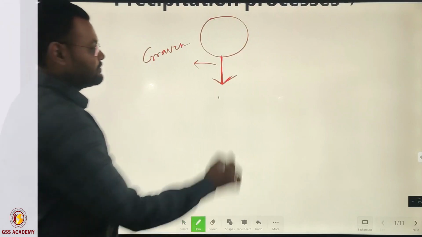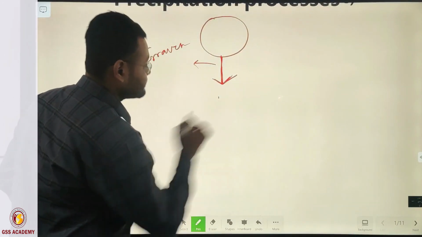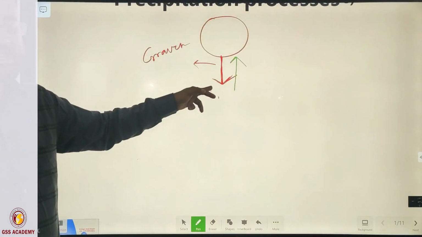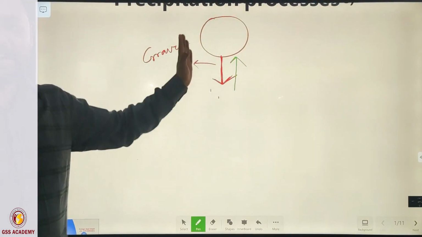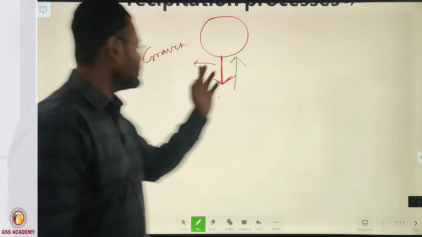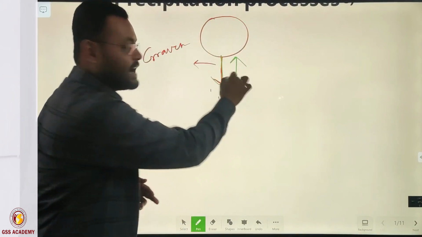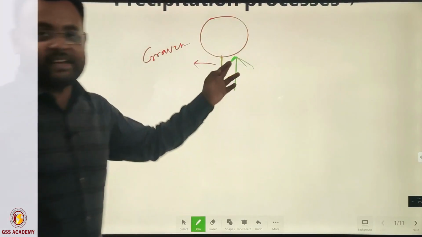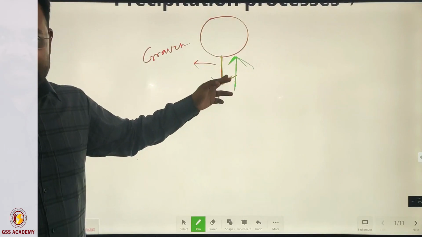At the same time, the air resistance is opposing its fall. That means the air resistance is directed in exactly the opposite direction, or in the upward direction. Gravity is directed in the downward direction, whereas the air resistance is directed in the upward direction.